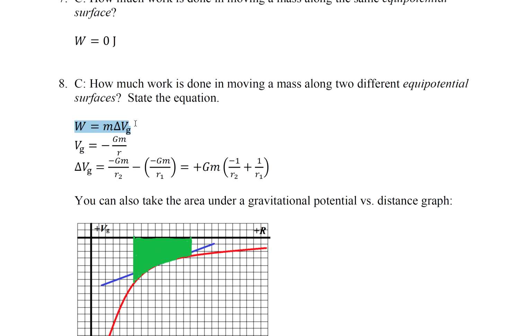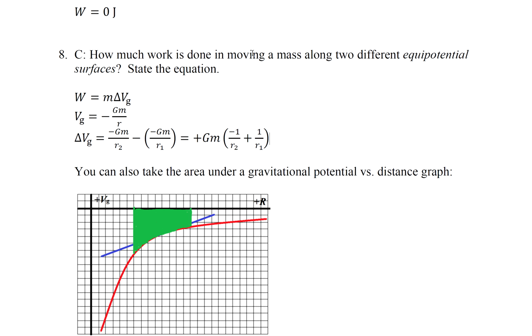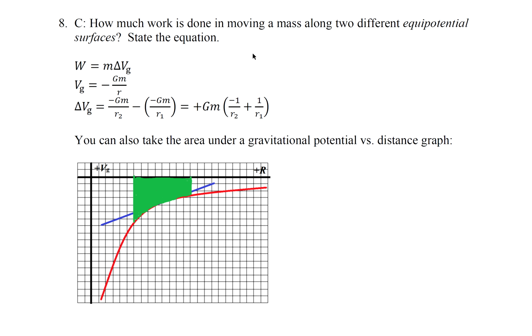So this is the equation. Work equals mass times delta V sub g, where V sub g is equal to minus GM over r. So this is your equation. You could also take the area under a gravitational potential versus distance graph.